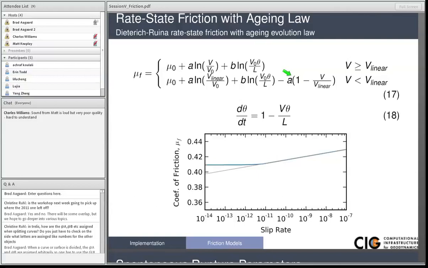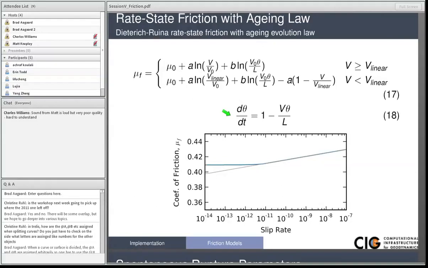So this helps stabilize and regularize the friction right down at the very smallest slip rates and very smallest slip amounts. So usually, you see it down here at 10 to the minus 11, 10 to the minus 12 slip rates. Equation 18 is the aging law for how the state variable theta varies in time.